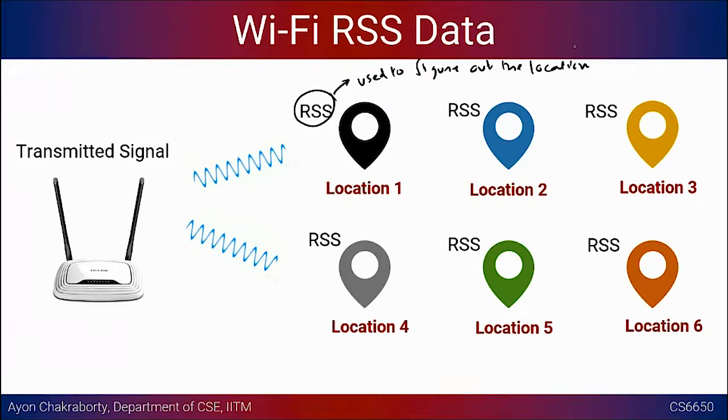We are now trying to scale it up and understand how RSS will be used to figure out the location itself. Here the location could be simply discrete chunks of contiguous physical space, and we are interested in seeing from which place in the geographical area this RSS could have been produced. Okay, so that is our exercise.